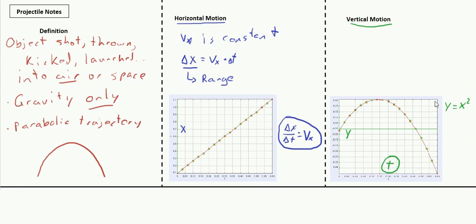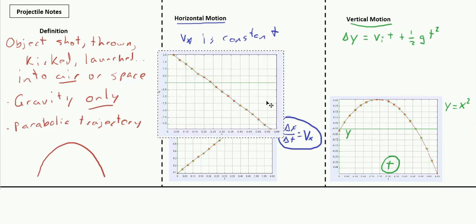We're talking about the vertical motion, and we'd already dealt with that in terms of position. We said that to find the vertical position, we took the initial velocity times the time, and we added 1/2 acceleration due to gravity times the time squared. And so that time squared is the x squared in the parabolic equation here. So our position versus time is a quadratic relationship.